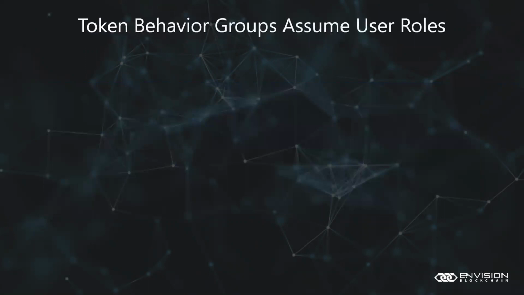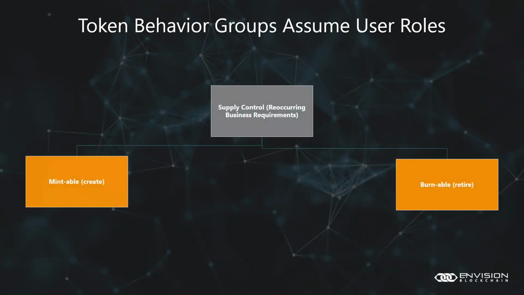Moving forward, we have these token behavior groups, as we just briefly mentioned, where we assume user roles. If you have mintable and burnable, then by default, that means that an entity, a person, a business, whatever the case may be, has the ability or the permissions to either mint or burn that specific token.